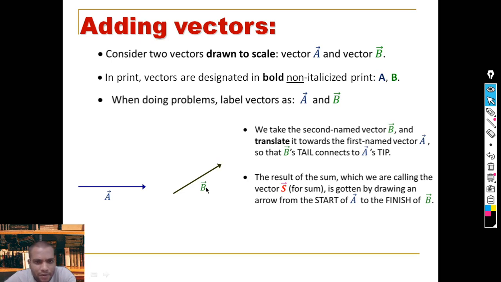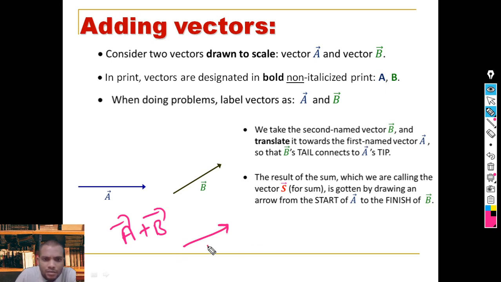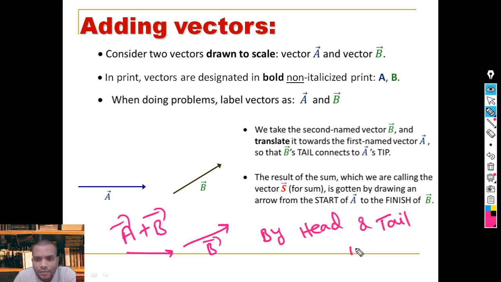Suppose this is A bar and this is B bar. Now I need to add A bar plus B bar. We can add two vectors by the head and tail method.